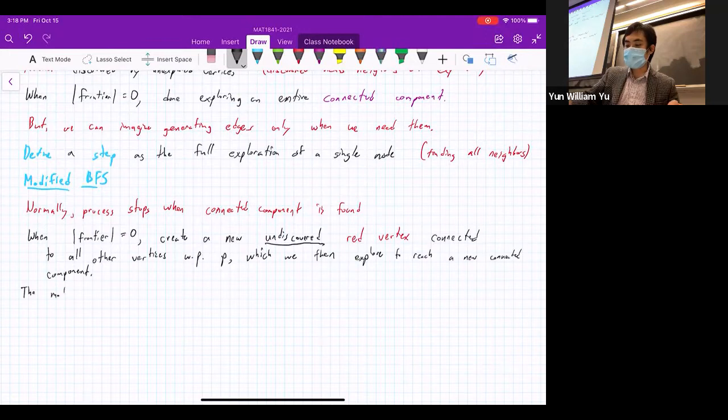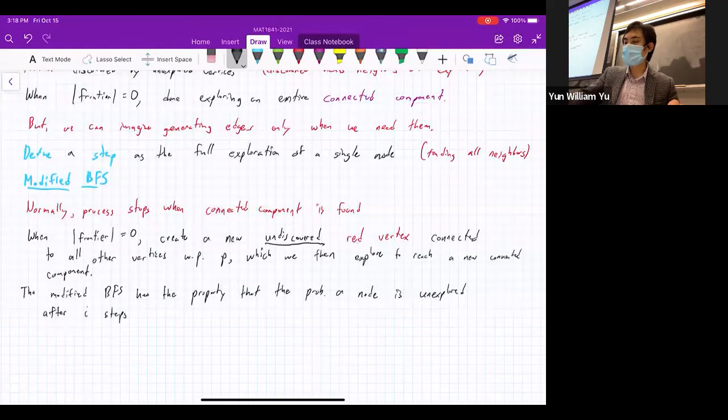And so this modified BFS has a nice property. Let the probability a node is undiscovered after i steps be (1-p)^i.